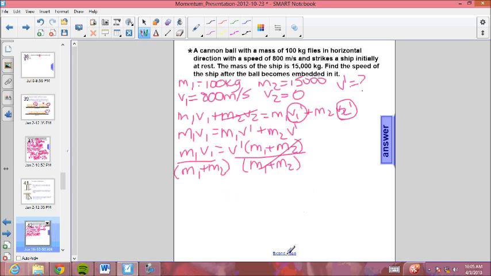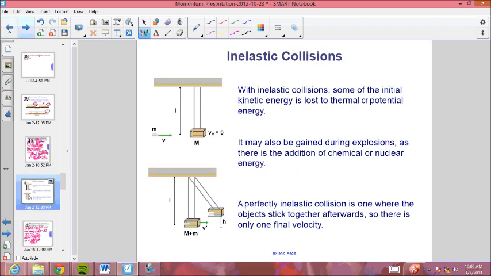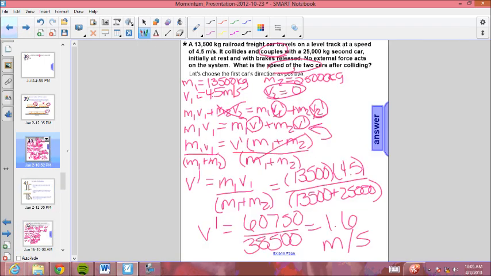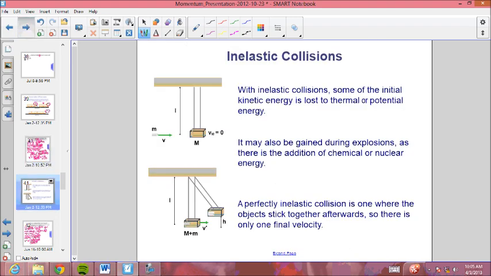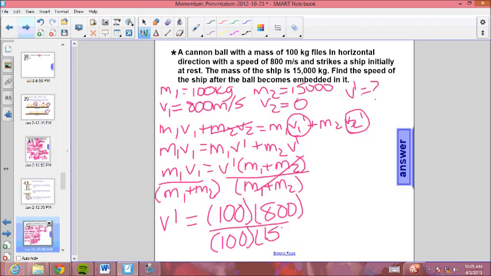So now that we've got our equation, we can plug our numbers in. I just want to make sure I wrote it correctly over here. So now, I apologize, I wrote it wrong.